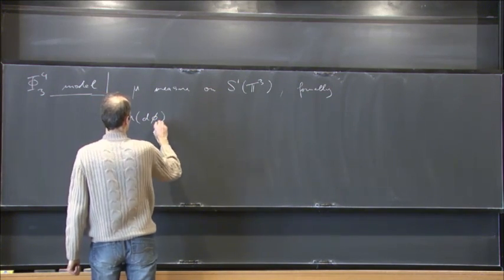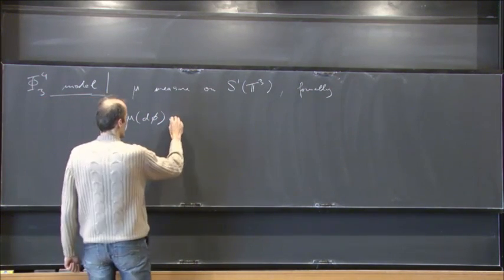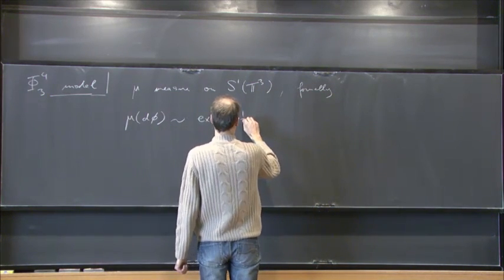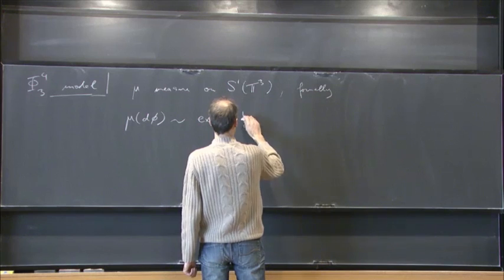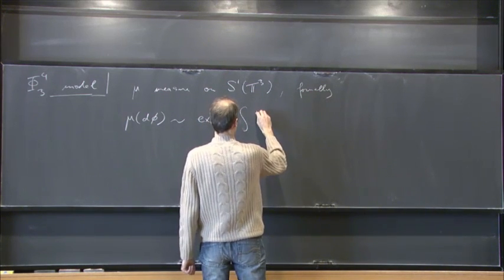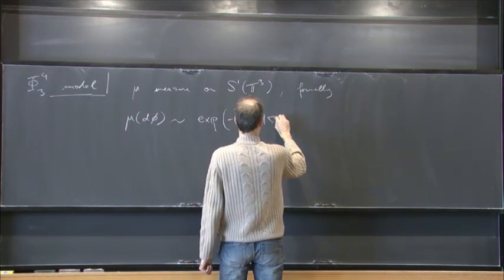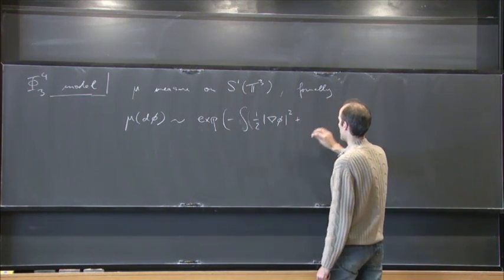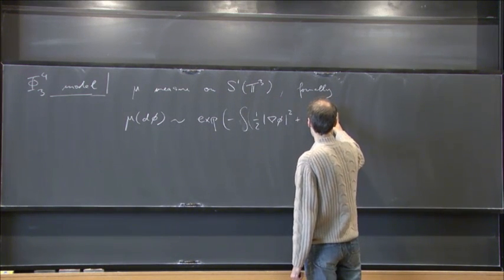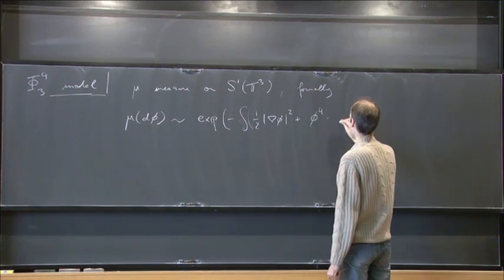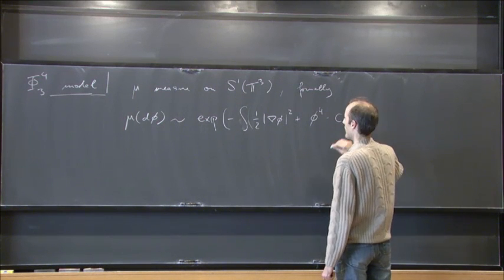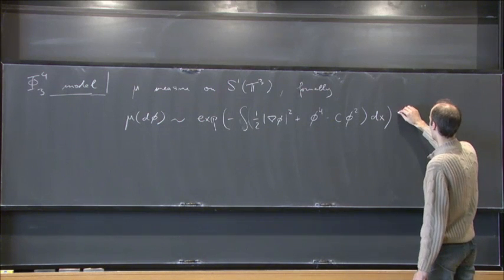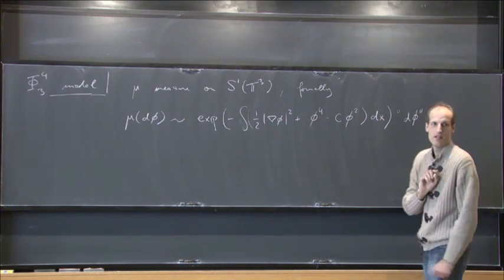So mu of d phi, phi would be your distribution. You should think of it as exponential of minus the integral of one half gradient phi squared plus phi to the 4, and then maybe minus a constant times phi squared, dx, and here d phi.